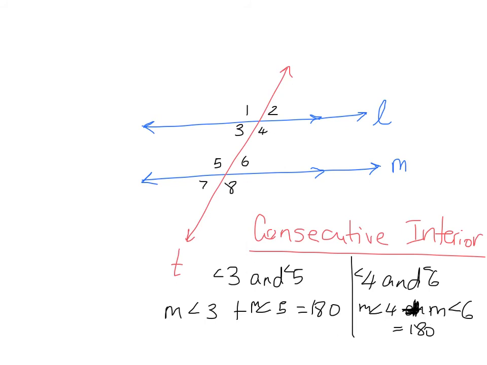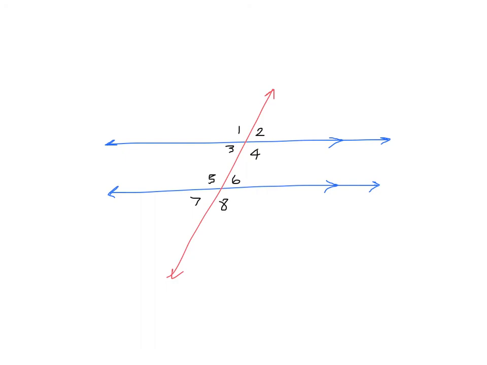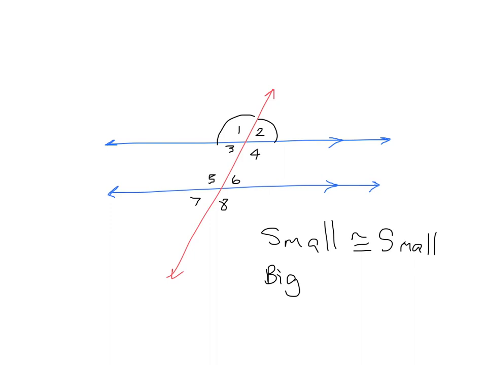But here's a quick trick that you can use to do questions really easily. If you have parallel lines and a transversal, and your transversal is clearly making some angles that are big and some angles that are small, here's the cool thing. Every small angle will be congruent to every other small angle, and every big angle will be congruent to every big angle.